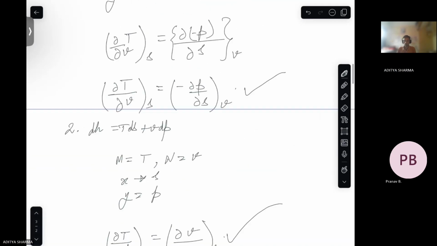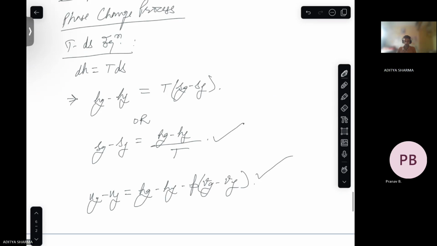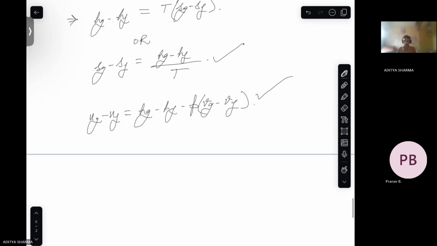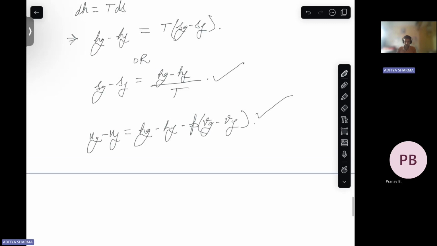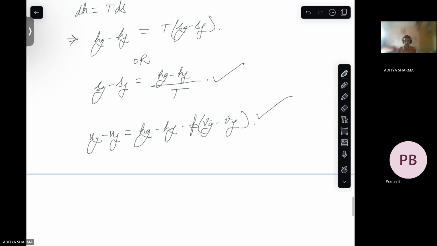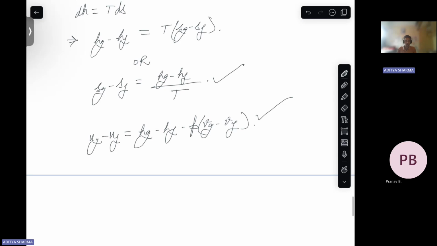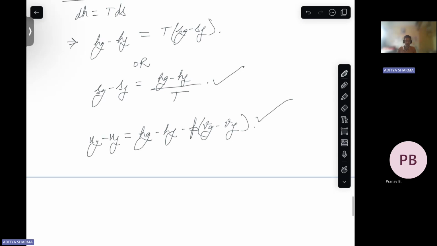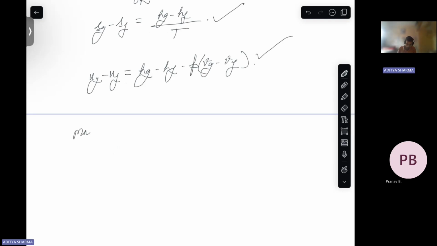Now, what is the Clapeyron equation? From one of the relations that we derived, if you see your third Maxwell relation that we derived from the Helmholtz function, I'm just writing three from the context of this session's discussion.